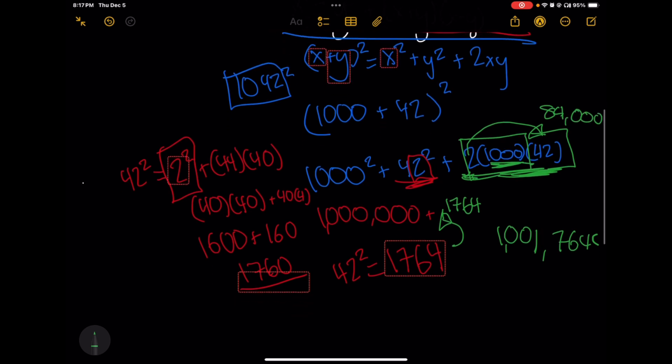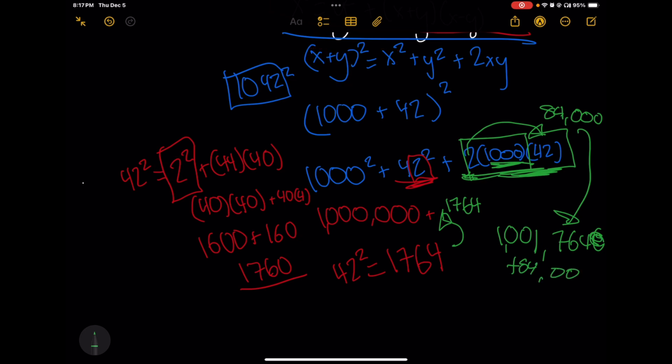So we can bring this down here. Okay, so I can bring this 84,000 down here and add it. And this is pretty much mental math because everything lines up. So this 8 is gonna come here, and this 4 is gonna come here.